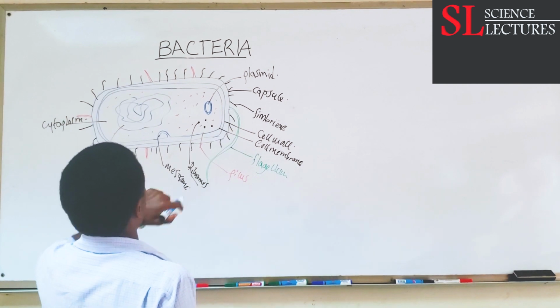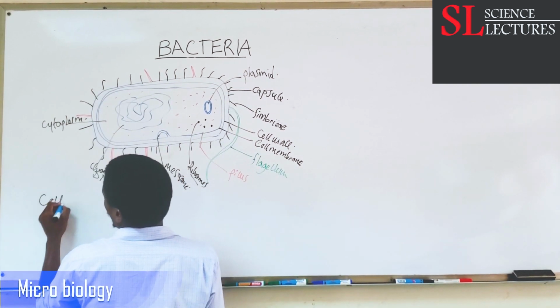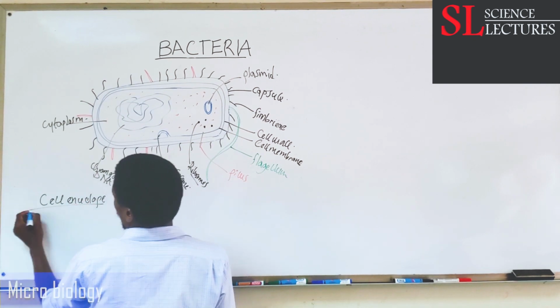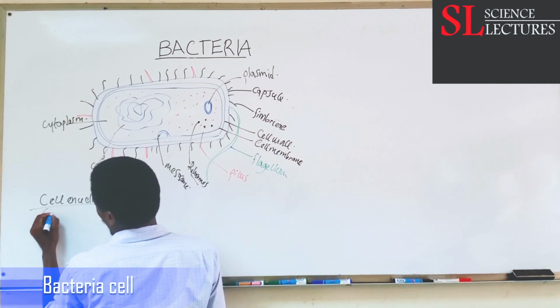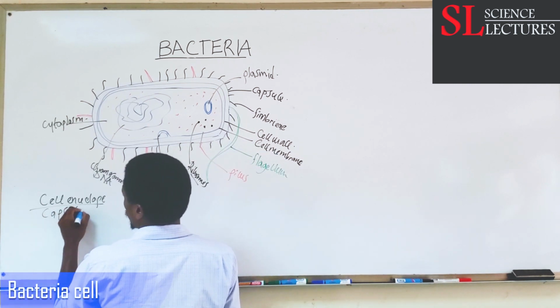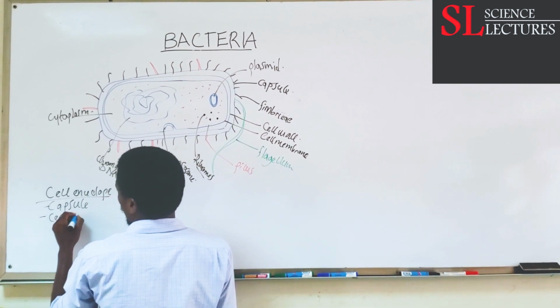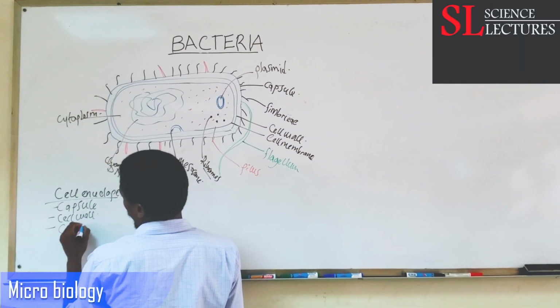So let's have a look at another basic component, the one we call the cell envelope. The cell envelope has three basic parts. It has the capsule, followed by the cell wall, then finally inside we have the cell membrane.